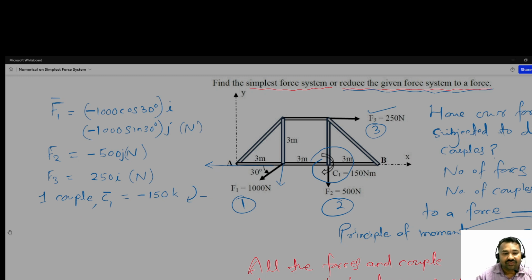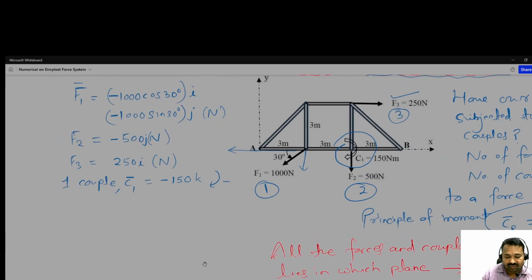Okay, so from here what we can get is the resultant force, that is equal to F1 plus F2 bar plus F3 bar. What we get here is 1000 cos 30 degree I, then minus 1000 sine 30 degree J component.